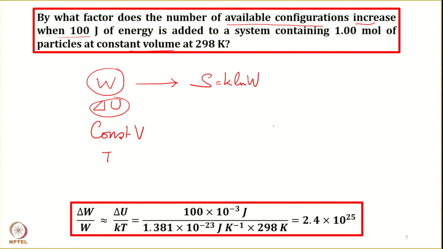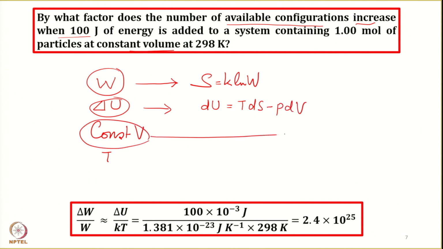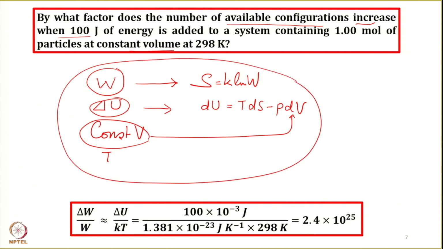Delta U I can connect with entropy. How? Because dU is equal to TdS minus PdV. And I can now use the constant volume conditions to convert into something else. And eventually by applying all the given information, we are able to come up with an expression which allows you to calculate the number of available configurations, how they increase when a certain amount of energy is added to the system.